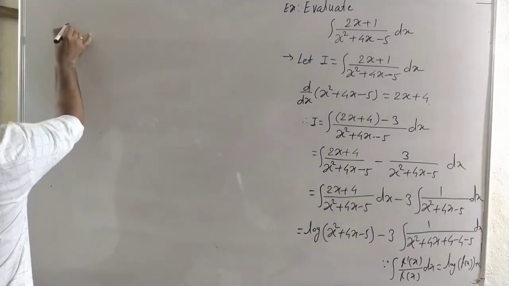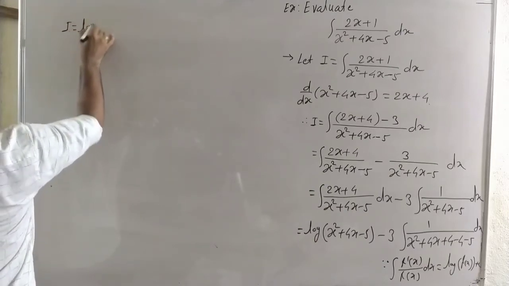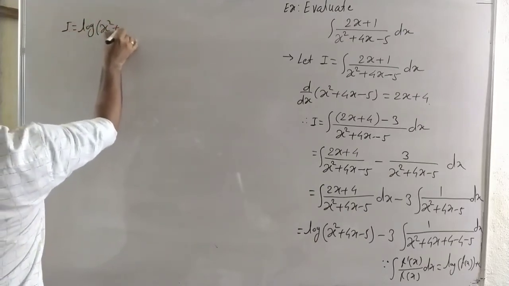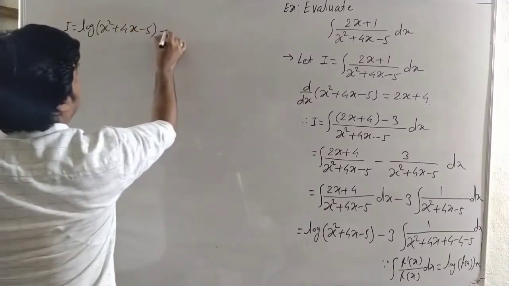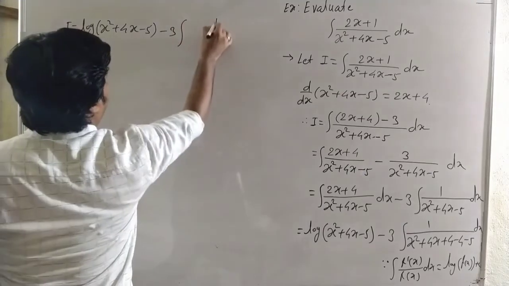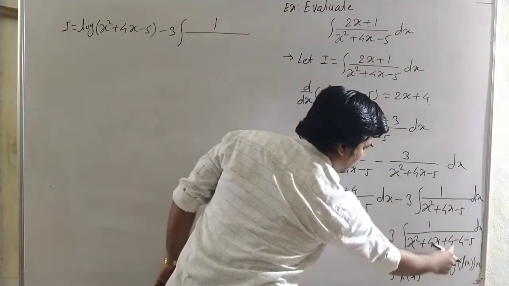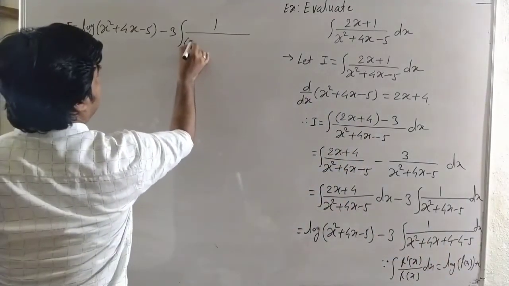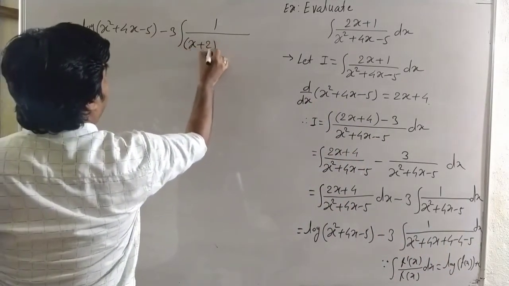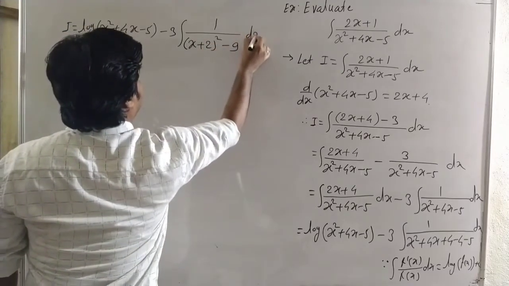So here we can write, it is log of x square plus 4x minus 5 minus 3 into integral of 1 upon, see carefully, it is x plus 2 whole square minus 9 dx.